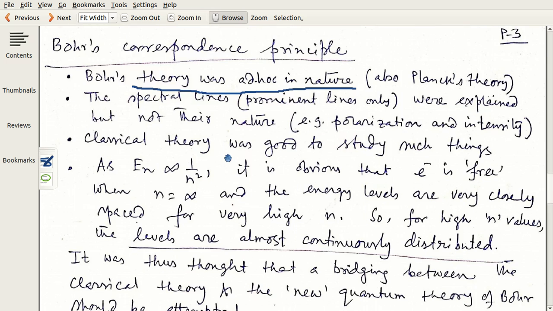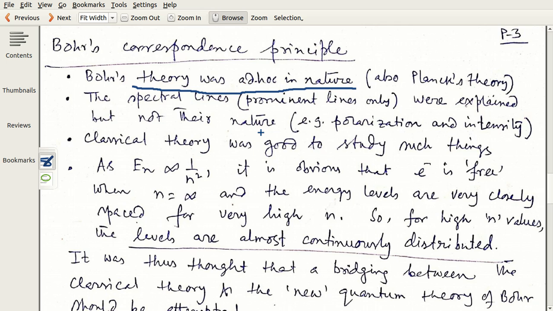However, Bohr's theory does not tell us anything about the intensity of spectral lines. Though it predicts the positions of the spectral lines, I have not written the term positions, but it is almost understood. The spectral lines were explained, but not their nature, what is the intensity of them, what is the state of polarization of them.